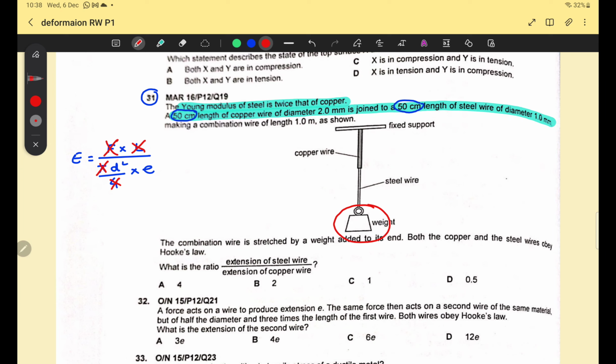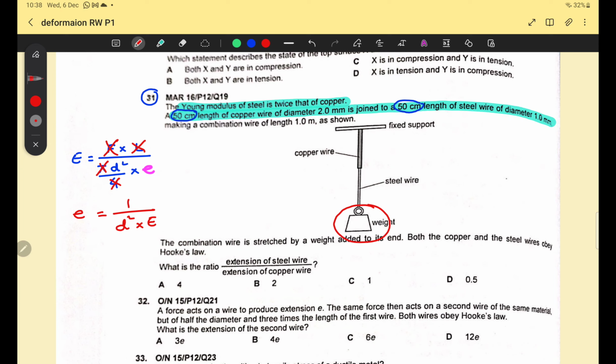So we can cancel out F, and we have to calculate the extension ratio. So make small e the subject. Then small e is equal to 1 upon d square E. It is the simplified equation after cancelling the same quantities.